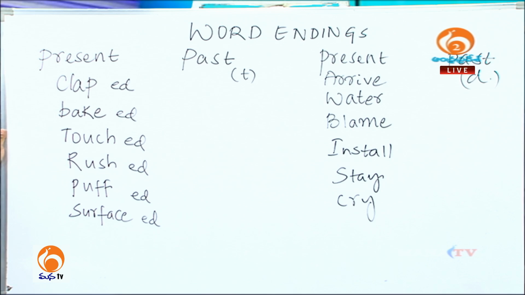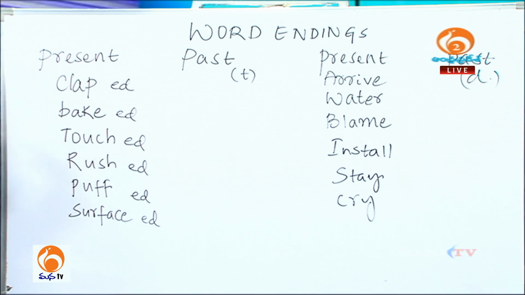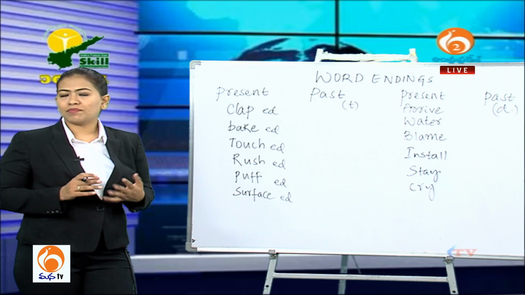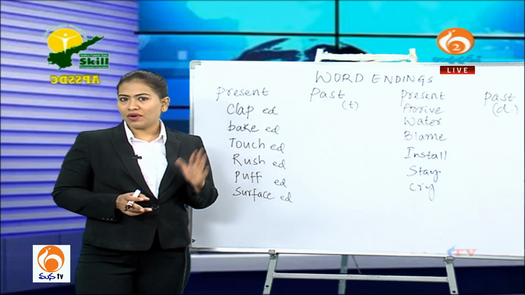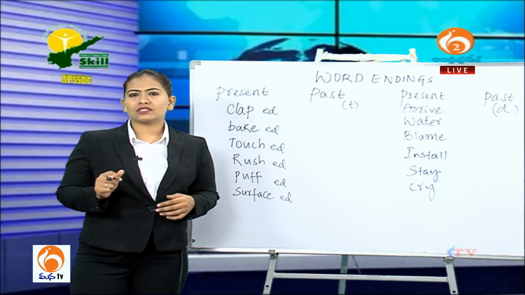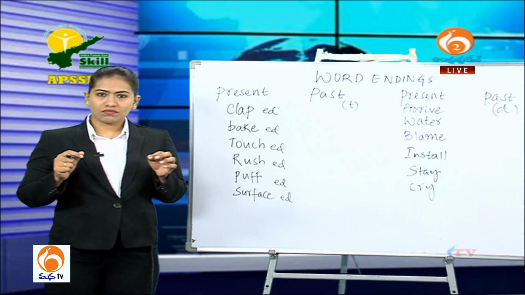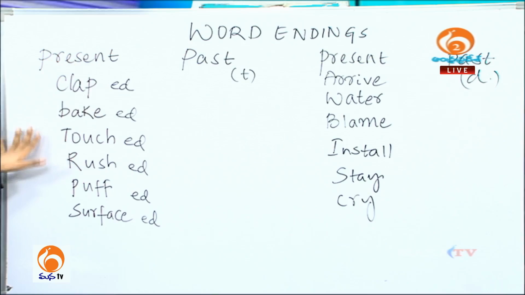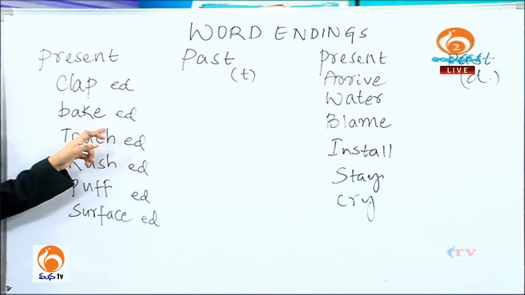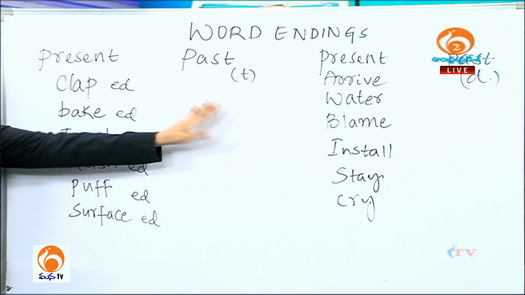Keeping in view the list of words that we have here, word endings in the English language follow a certain specific pattern. The pattern is very simple. If my word ends with a voiceless sound, I give the pronunciation for the past tense word as a t sound. I repeat, if my word ends with a voiceless sound, a devoiced sound or an unvoiced sound, I give the pronunciation as close to the t form.